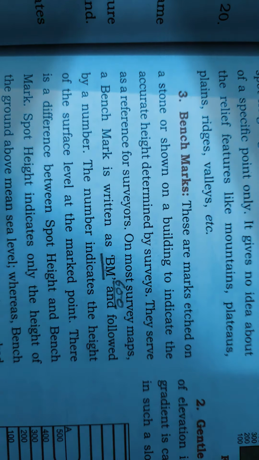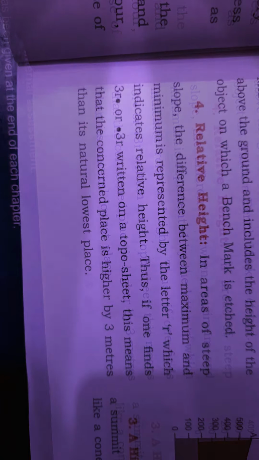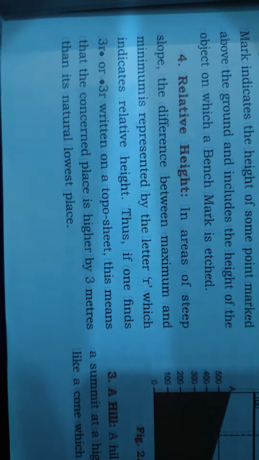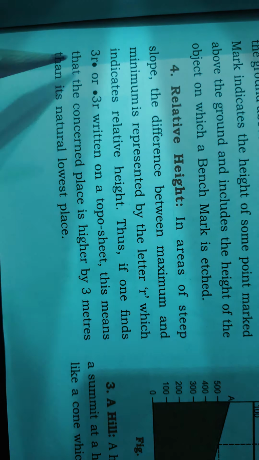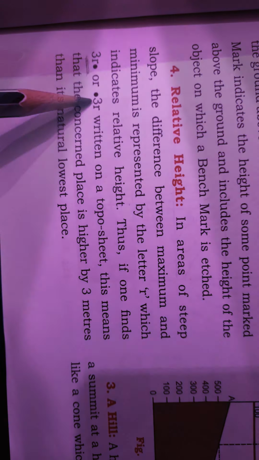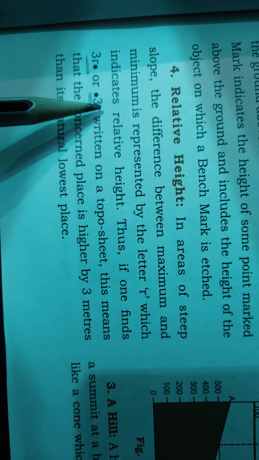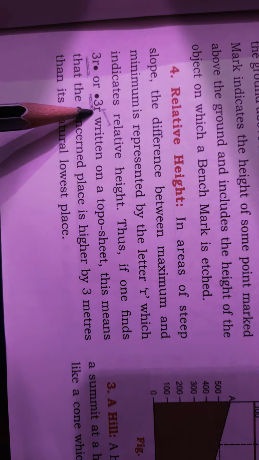Now next in the height category, that is not the exact height, that is relative height. And what is the difference between relative height and exact height? As you can see here, 3R is written. Here R means a relative height.